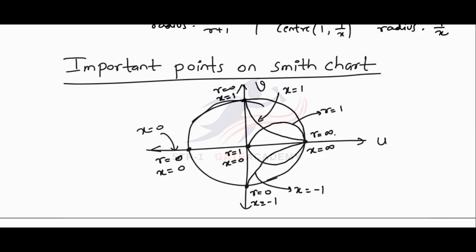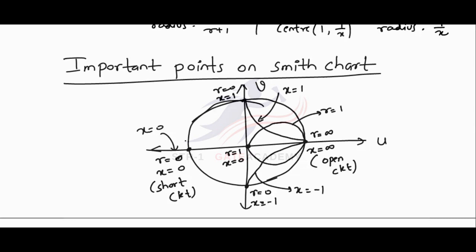Now what is the meaning of r equal to infinity and x equal to infinity? Here the impedance is infinite, and infinite impedance means open circuit. Now r equal to 0 and x equal to 0 means short circuit. r equal to 0 and x equal to 1 means positive reactance, that is inductive reactance.